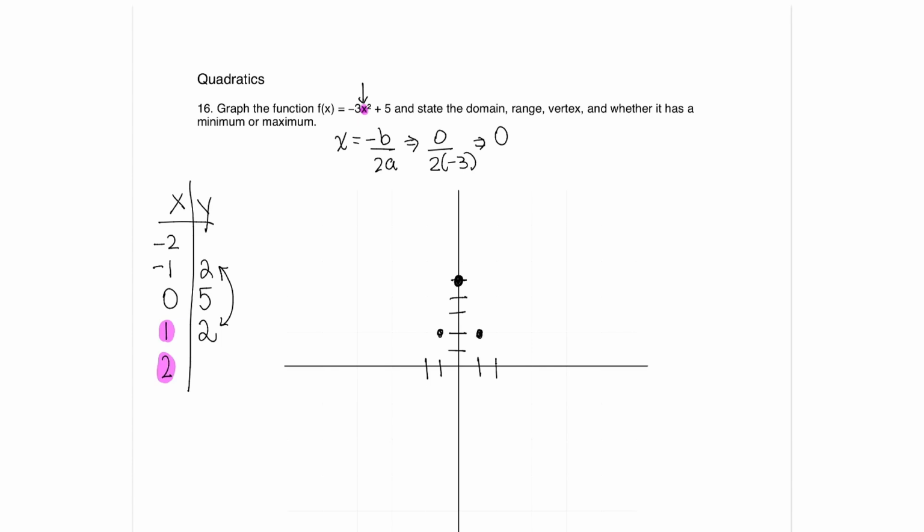Now when we plug in 2, 2 squared, that's going to be 4. 4 times -3 is going to be -12. -12 plus 5 is going to be -7.